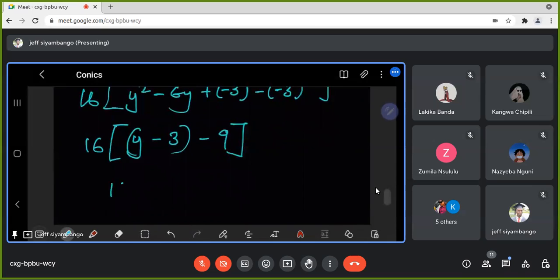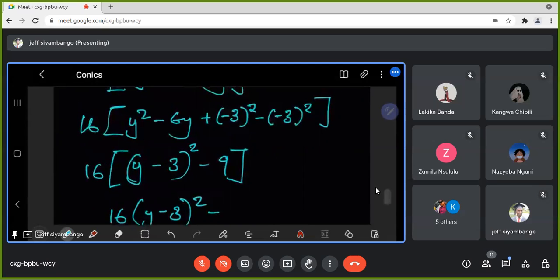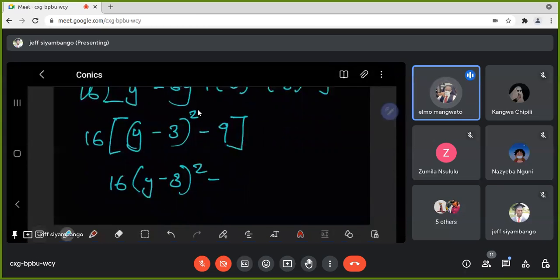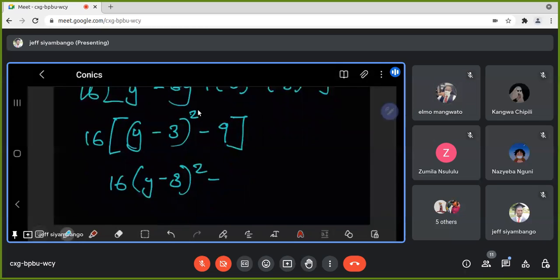Distribute the 16. There's a square here. What is 9 by 16?